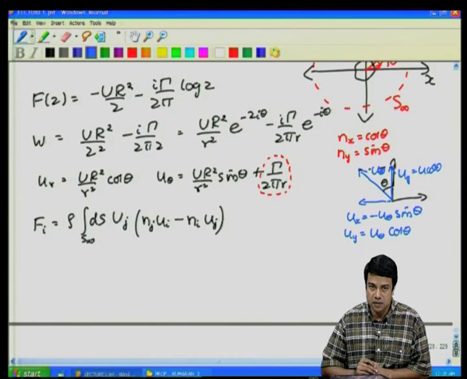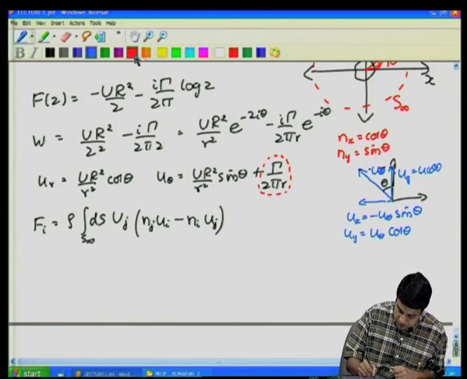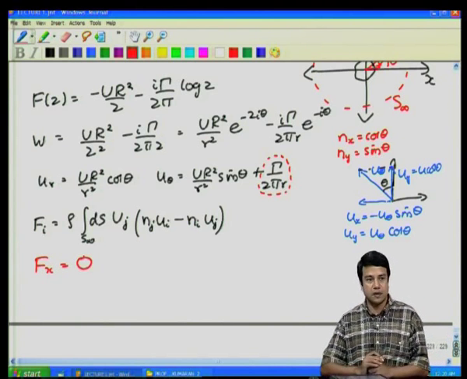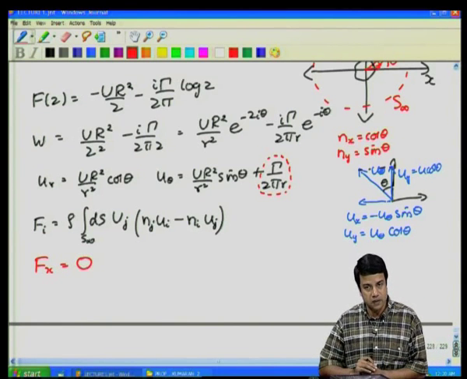Therefore, n j u I minus n I u j is just n x u x minus n x u x, which turns out to be equal to 0. So, this tells me that the force along the velocity direction, f x, has to be equal to 0. That is the force along the velocity direction, the drag force, and it is identically equal to 0.